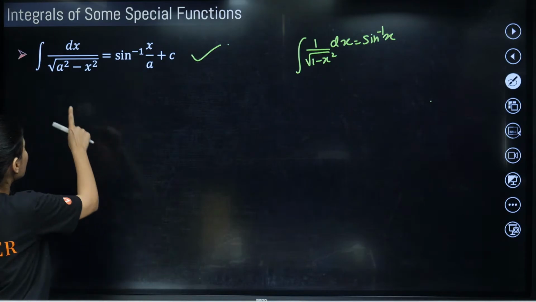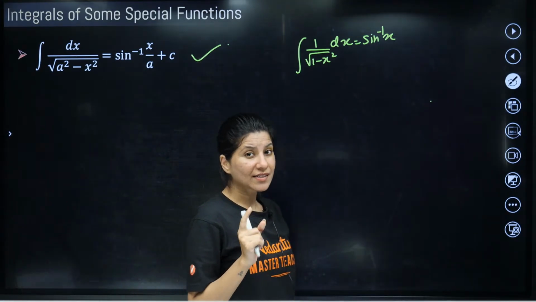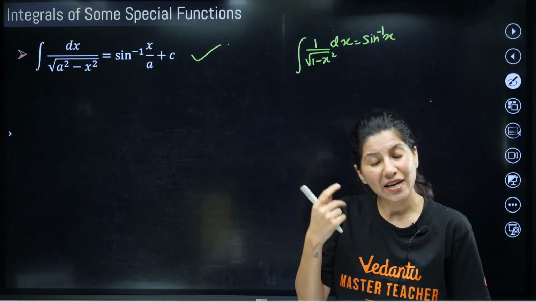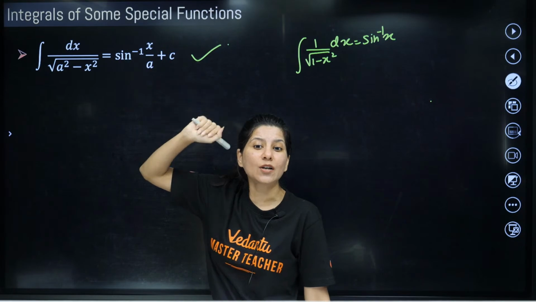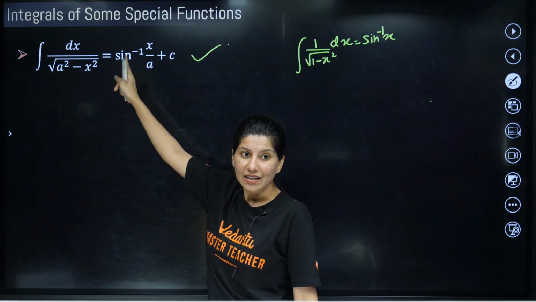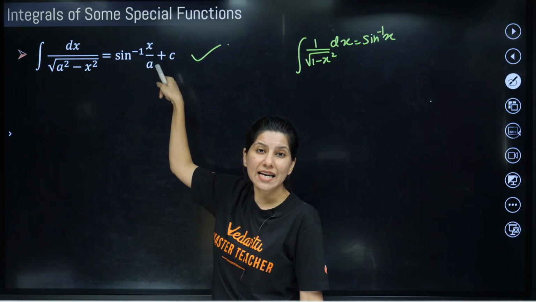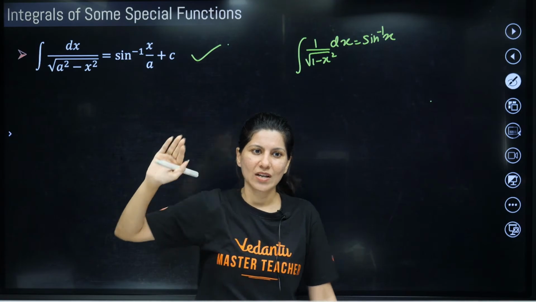Remember in the sine inverse formula, this is a major mistake many students commit. There is no 1 by a over here. 1 by a is missing over here. It's not 1 upon a sine inverse x by a. No, it's just sine inverse x by a.